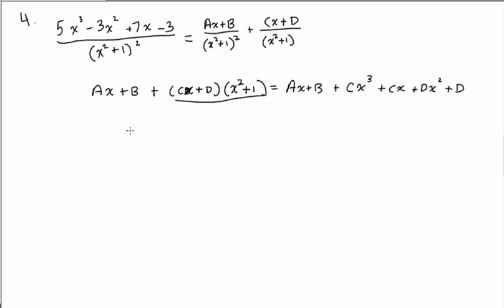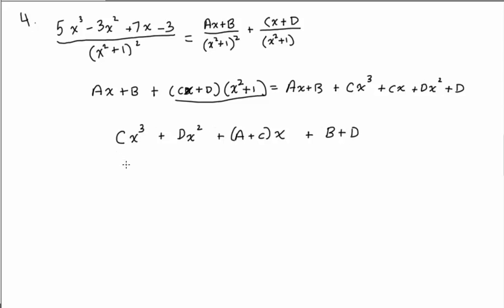Fairly easy one here actually now, because we have cx cubed. C is the only term preceding a cubic, plus dx squared plus a plus c will precede x plus b plus d equals the numerator.